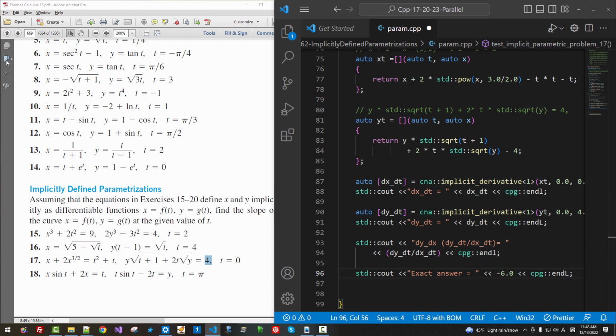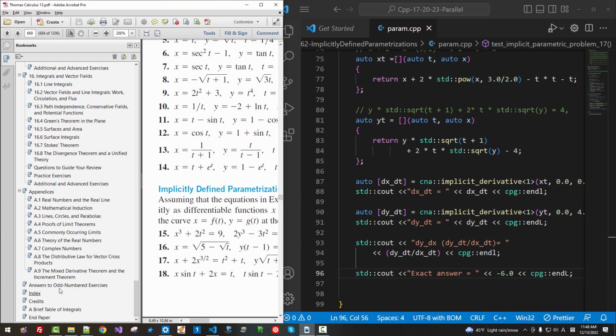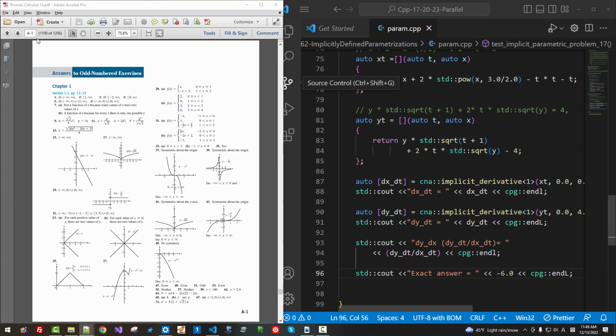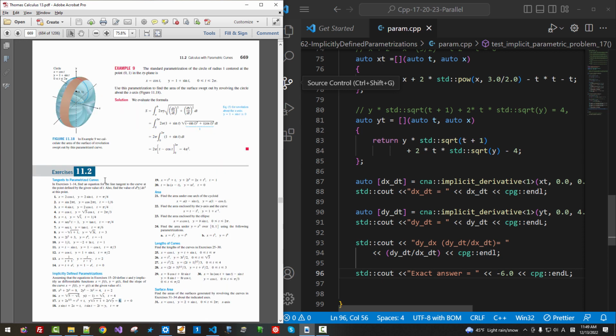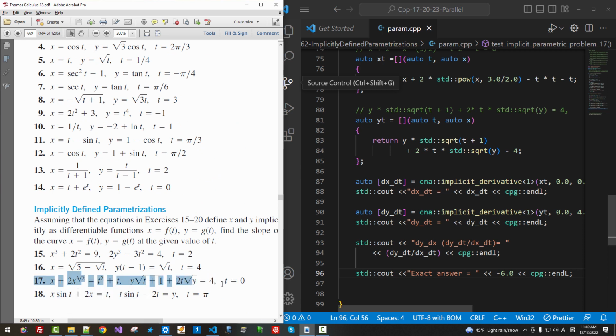You can refer to the answer sheet, answer to odd numbered exercises. Okay, I will go back. It is in page 669, exercise 11.2, problem 17.